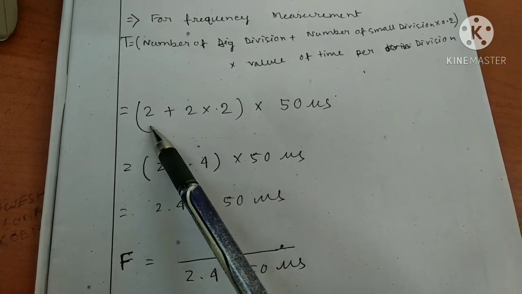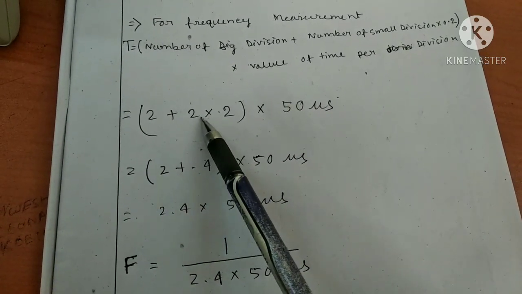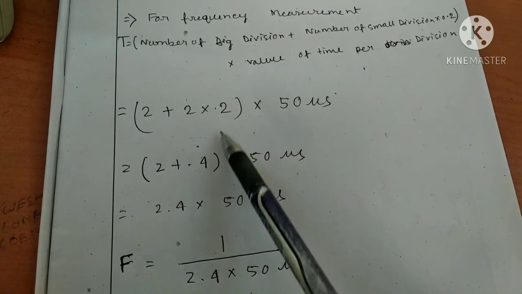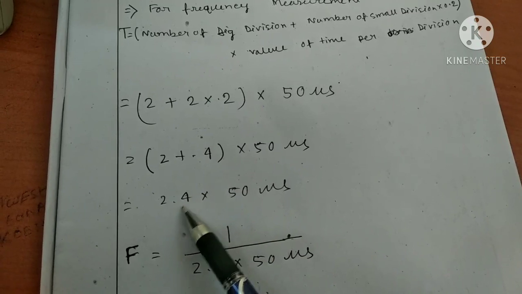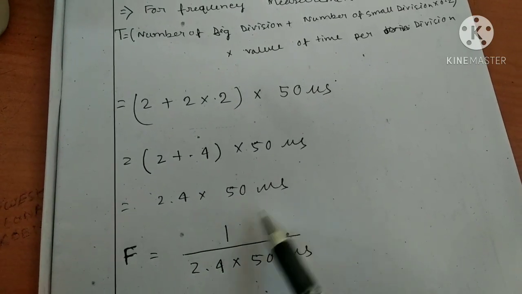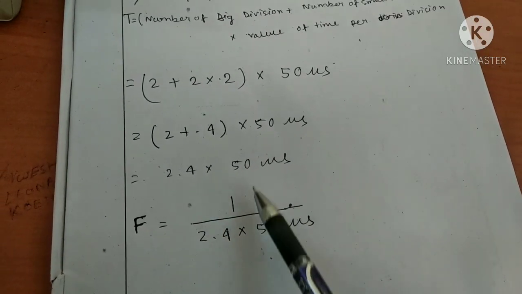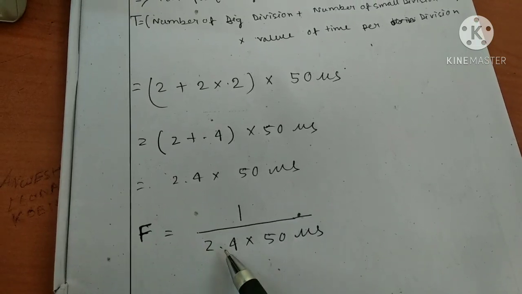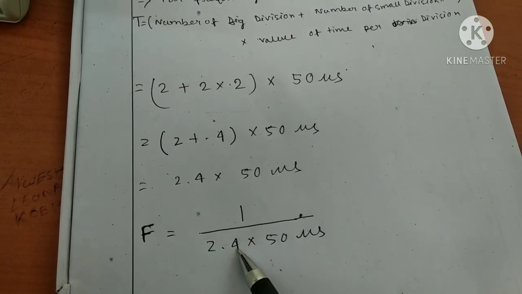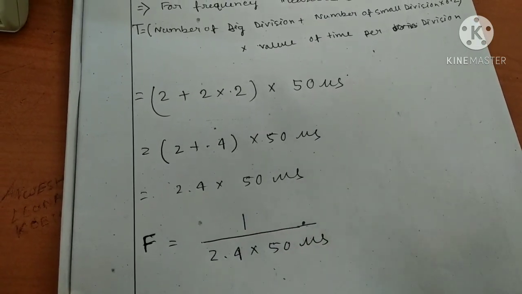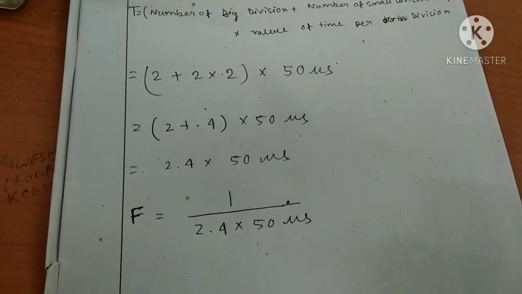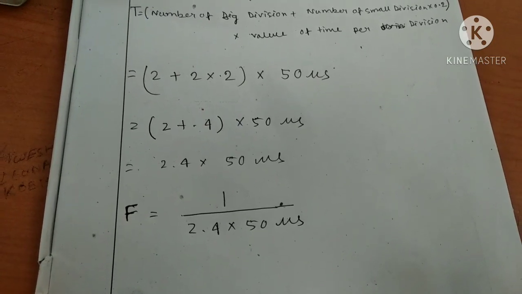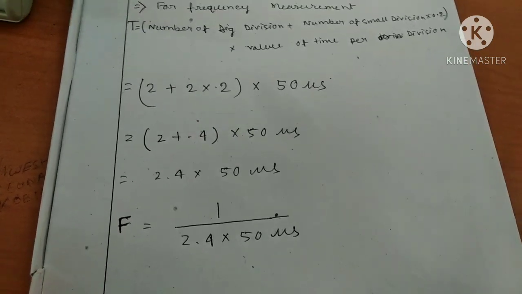We get (2 + 2 × 0.2) × 50 microseconds, so 2.4 × 50 microseconds. For frequency, that is 1 divided by (2.4 × 50 microseconds). Then we can get the frequency that way.